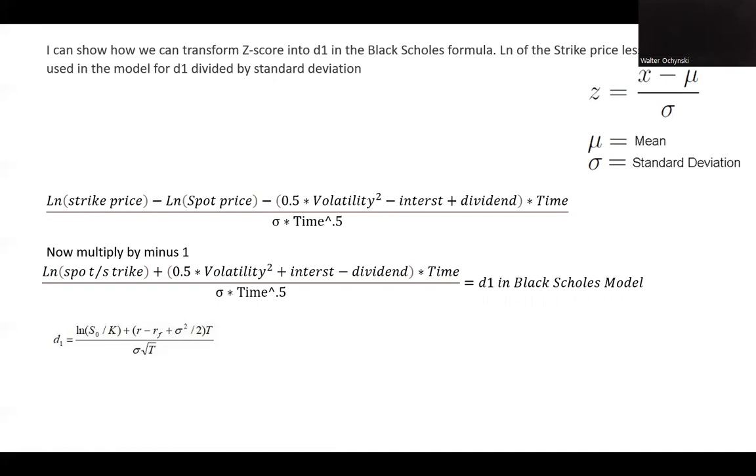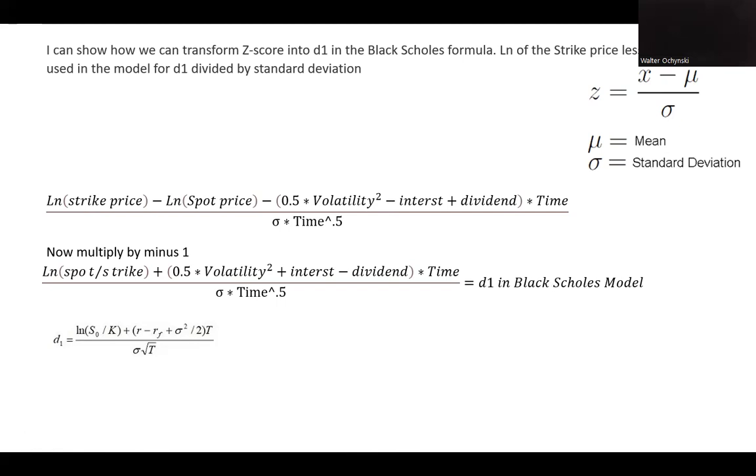What we only change is that instead of calculating D1, since we have the Excel functions available on our desk, it's much easier for us to work according to what Excel is asking for, and it wants to know from us the mean of our distribution and the standard deviation, and from which X value, in this case strike price, we are talking about.